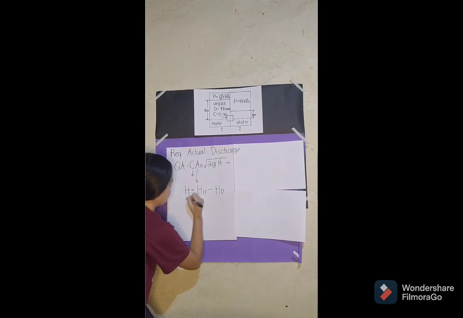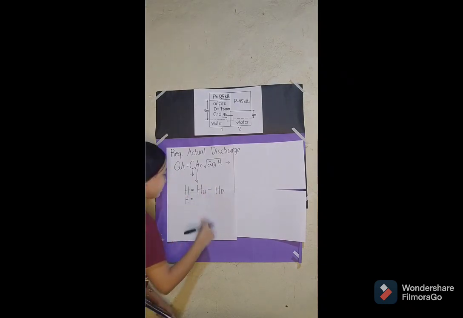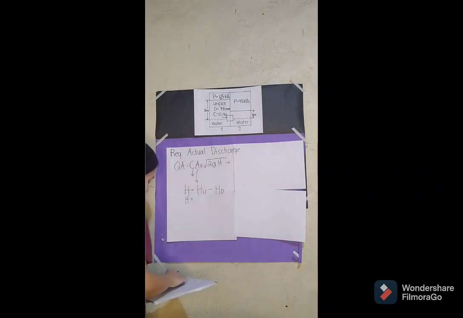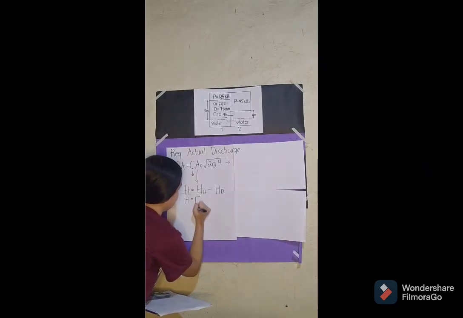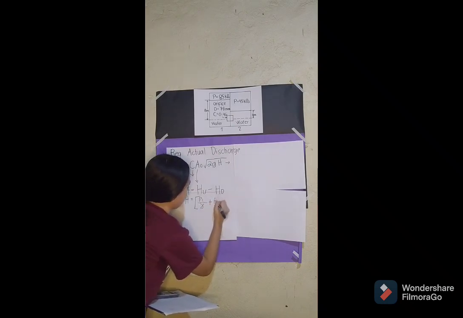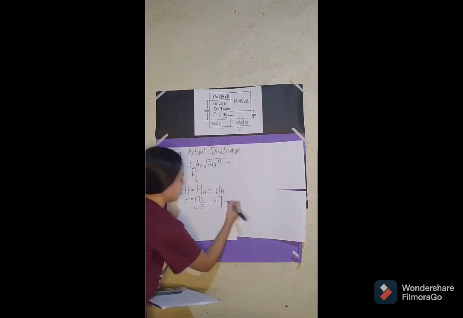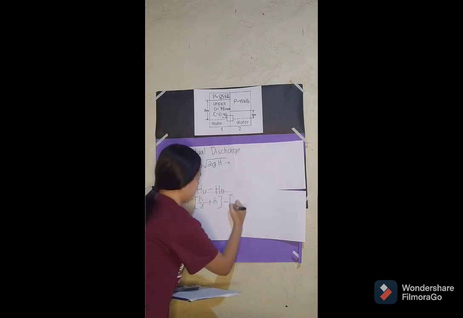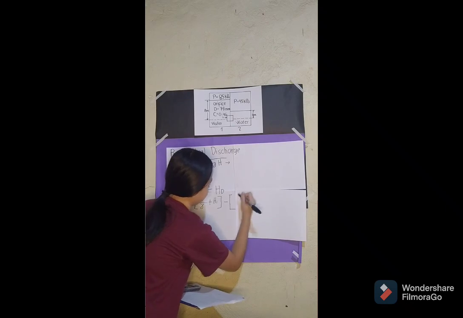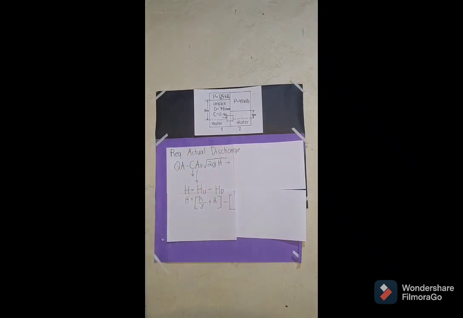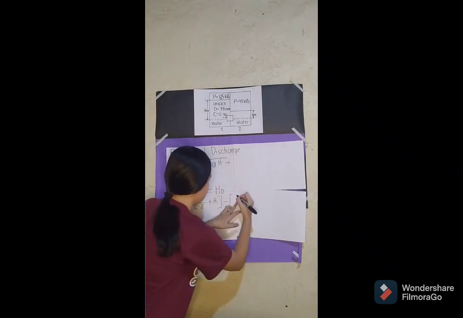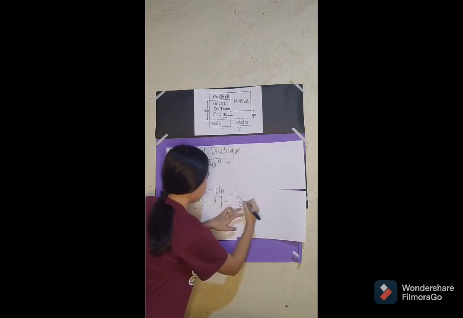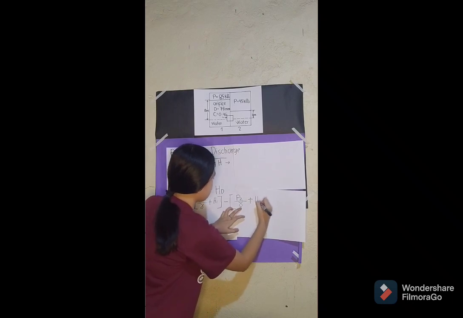So H is equal to P sub 1 over gamma plus H sub 1, minus P sub 2 over gamma plus H sub 2.